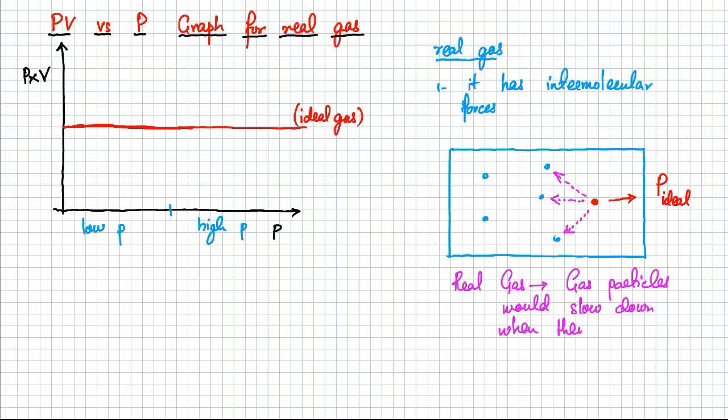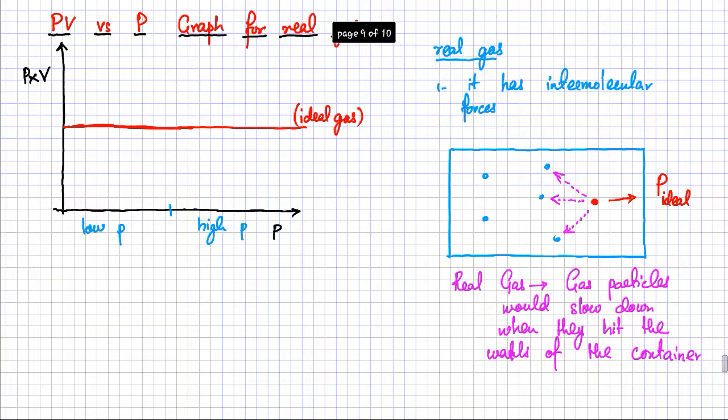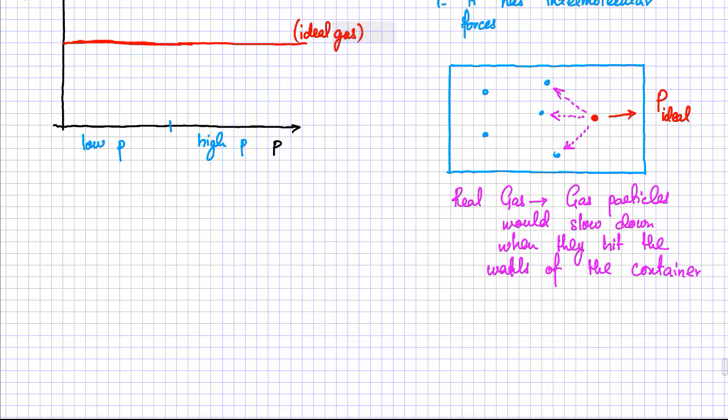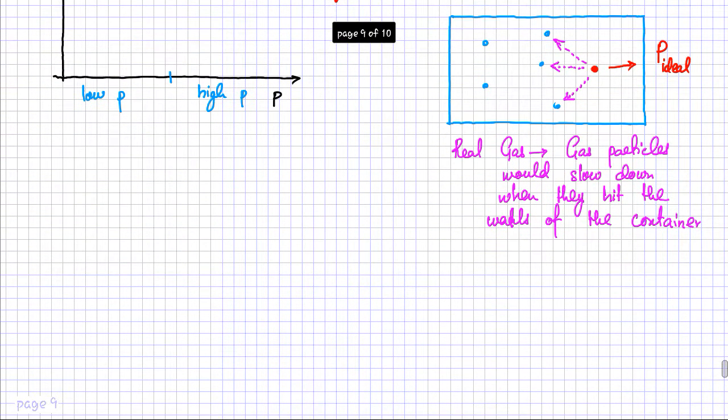When they hit the walls of the container, that is due to the intermolecular forces present. This particle would be pulled back by the other particles because those particles are attracting it.